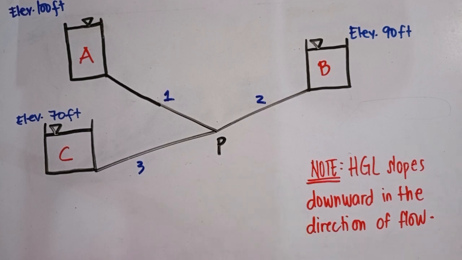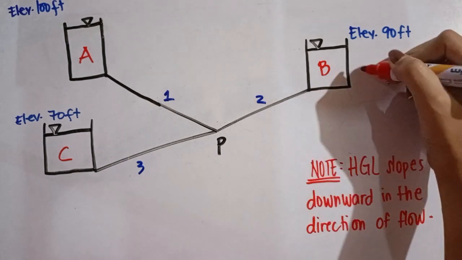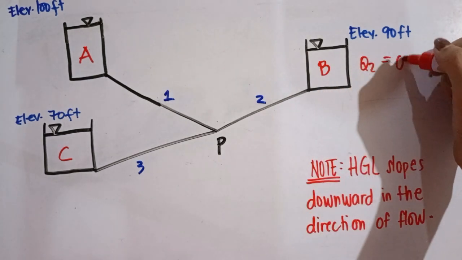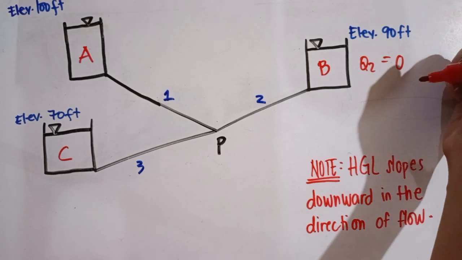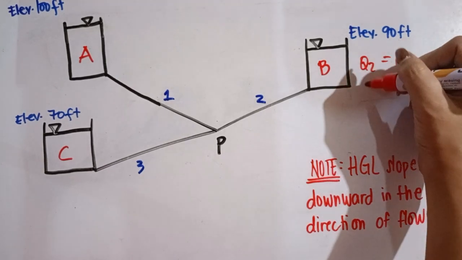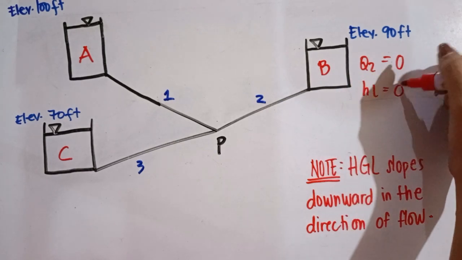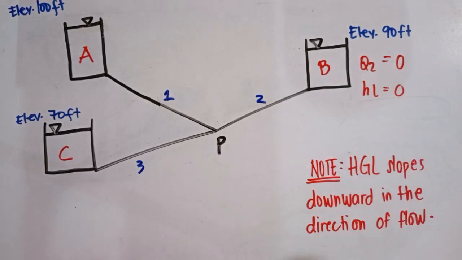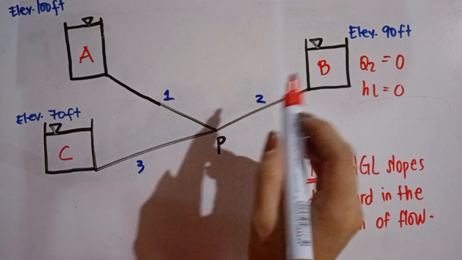So the best suggestion, according to most sources, is to assume that there is no flow at pipe 2, or simply Q2 is equal to 0. Let's just assume. So if Q2 is equal to 0, then HL is also equal to 0. Therefore, in the HGL, since we have no head loss, it is just level.